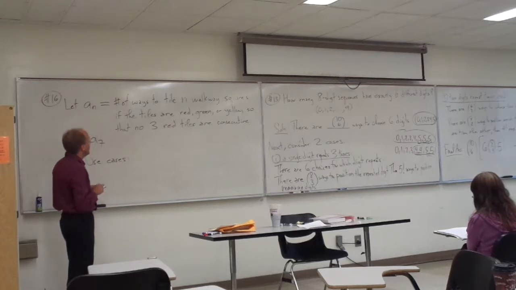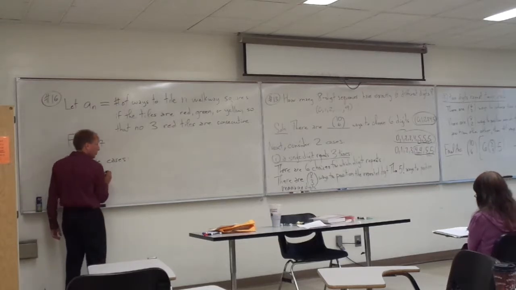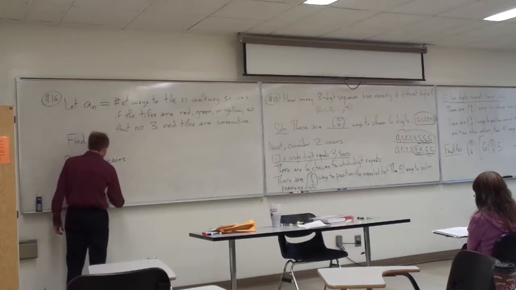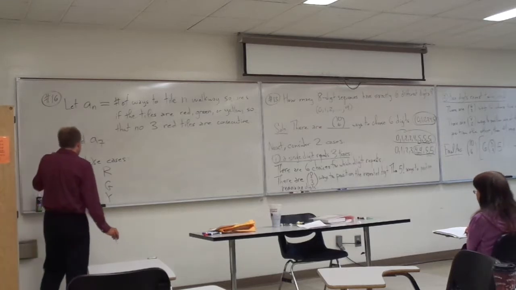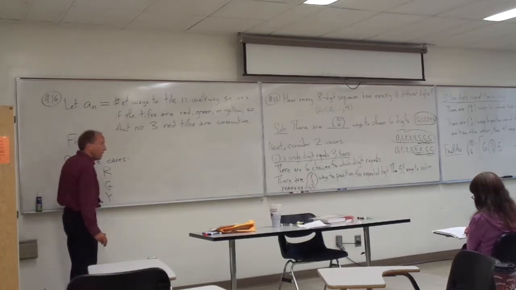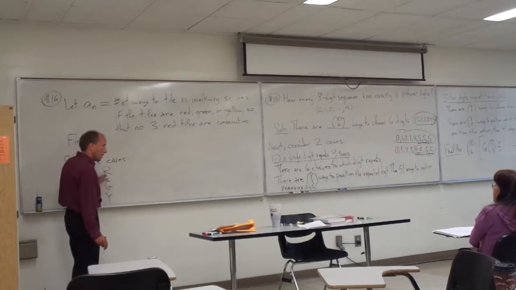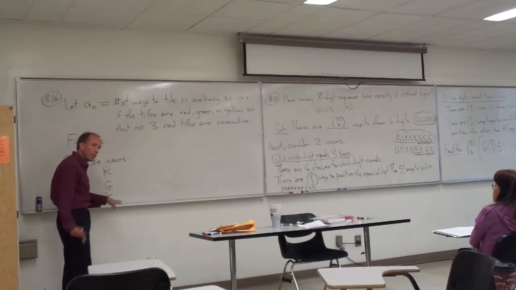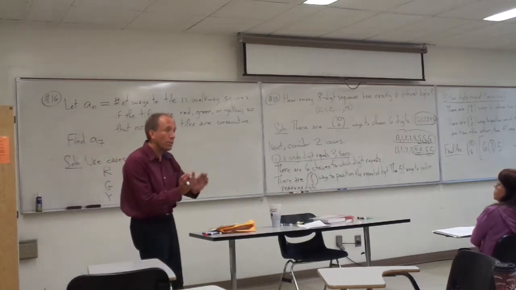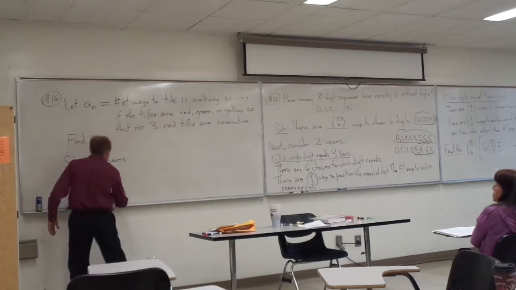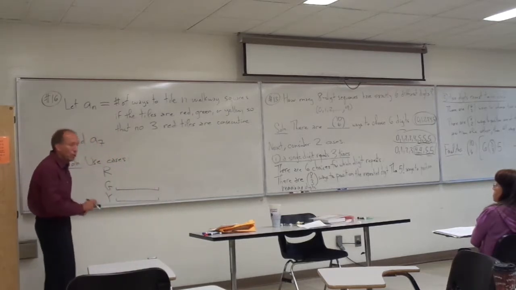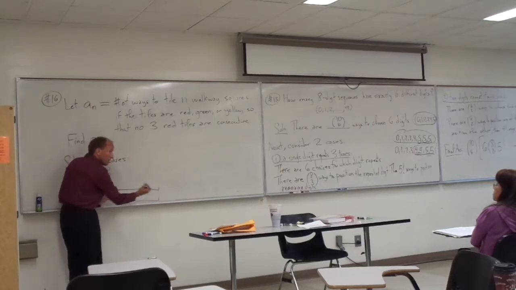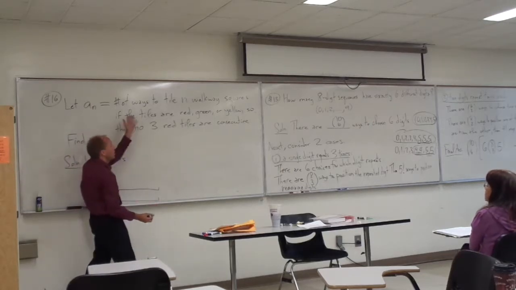Okay. So there's three cases. There's red, there's green, and there's yellow. So I'm just going to abbreviate like that. Now, are these all going to be treated in the same way? You see, if your walkway starts with a green tile or a yellow tile, then if you look at the remaining squares, essentially what you can do is tile the n-1 squares that are left subject to the same rules.